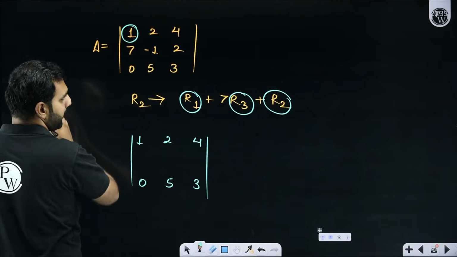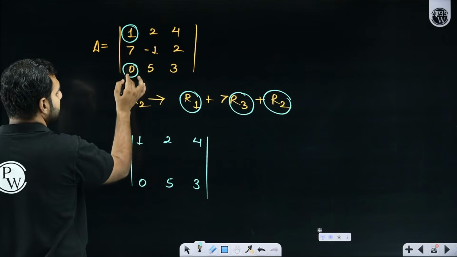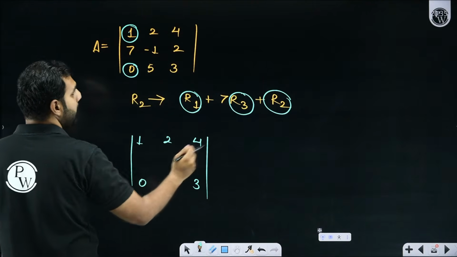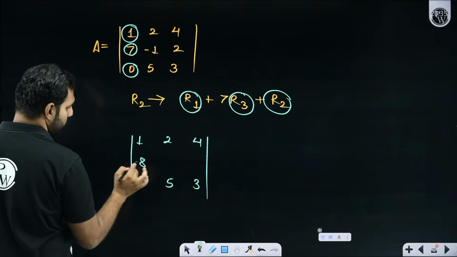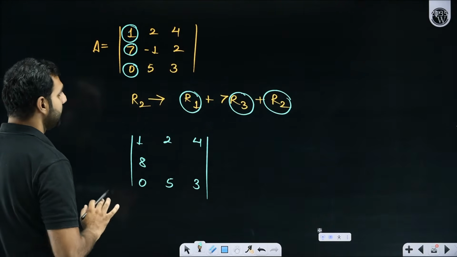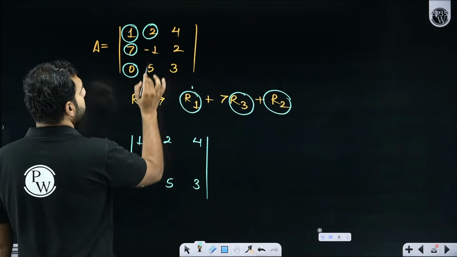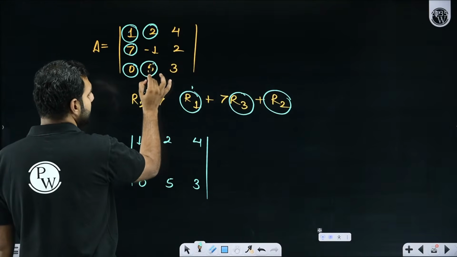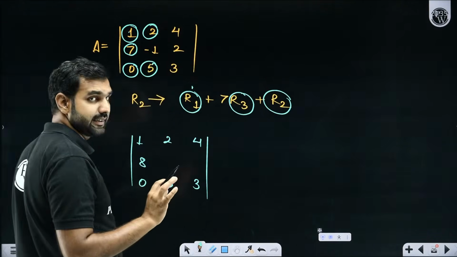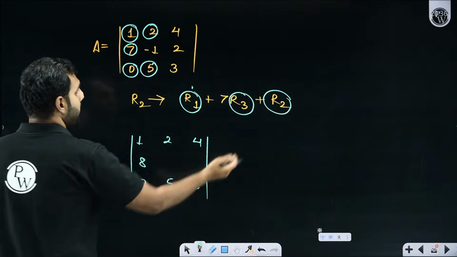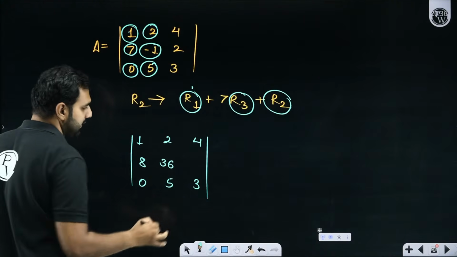So in column 1, row 1 is 1, plus 7 times 0 is 1, plus row 2 which is 7, so 1 plus 7 is 8. Then in column 2, row 1 plus 7 times row 3: 7 into 5 is 35, 35 plus 2 is 37, plus row 2, so 37 minus 1 is 36.